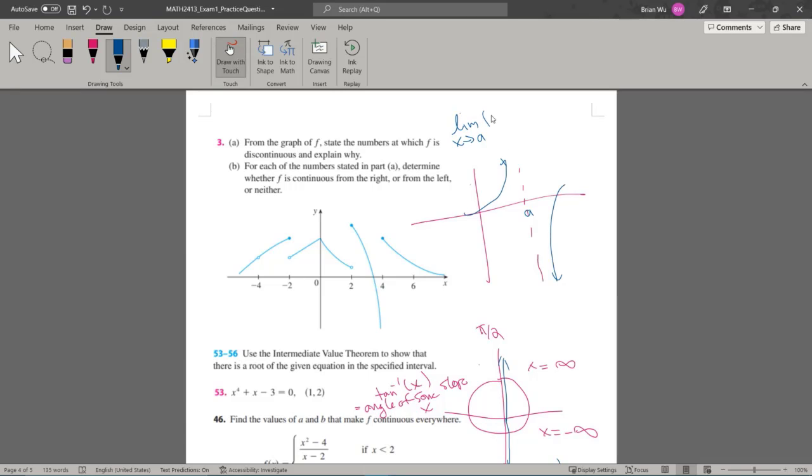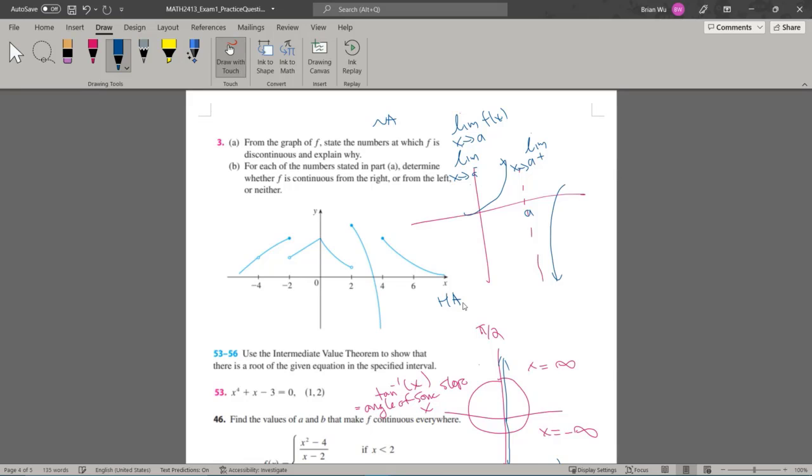It has to be a one-sided limit in order to prove it, right? So you can use either the left-hand side, or you can use the positive side, right? And any one of these will prove that there's an asymptote. So for vertical, you only need one of them.